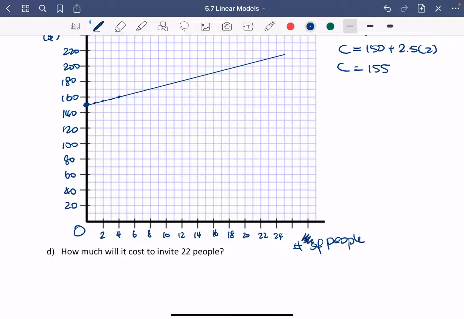It's right here. So if I want to find the corresponding cost, then I will need to find what point it represents on my graph.